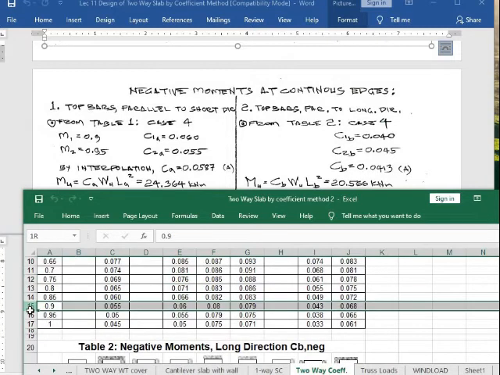And 0.9 tsaka 0.95. So, yan ang i-interpolate natin. Okay? So, 0.9, you have 0.06. And then 0.95, you have 0.055. Ipasok mo yan sa calculator, you do interpolation, and you will get 0.0587. You store this to letter A.